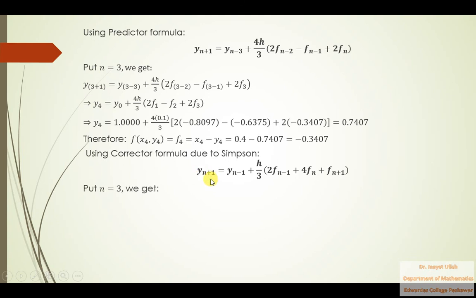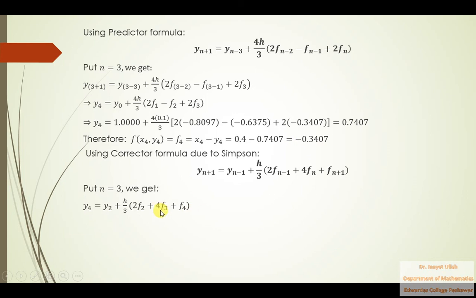Whenever we put n equal to 3, we will get this equation. That will become y4, y2, f2, f3, and f4. So that is f4. From here we need to put f4 in this formula, so that's why we have calculated f4 here.